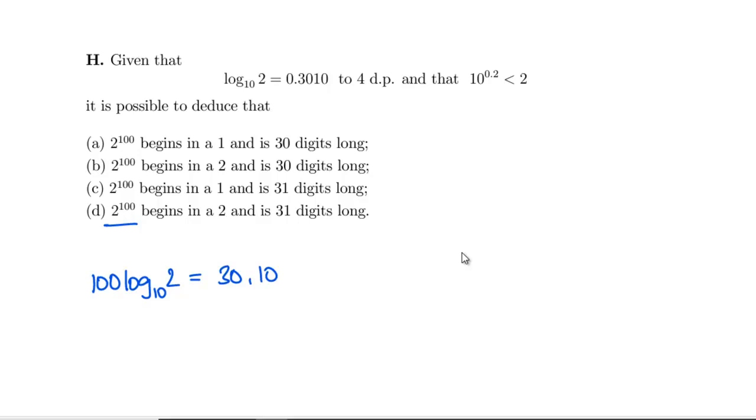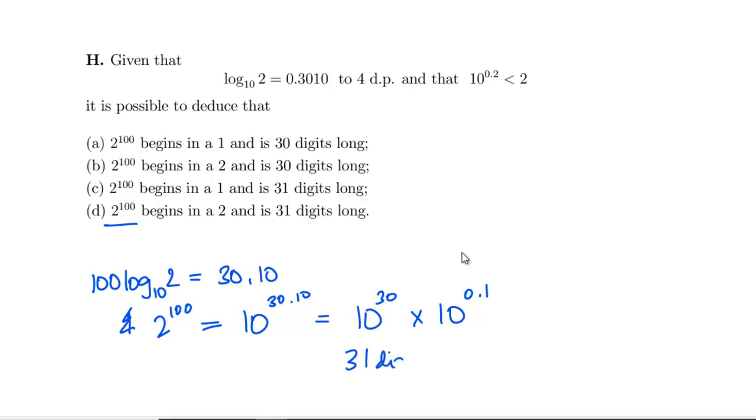I want to leave the 100 up there, don't I? I want to say that 2 to the 100 is going to be 10 to the 30.10. So that's equal to 10 to the 30 times 10 to the 0.1, and that means that's 31 digits that I've got there.